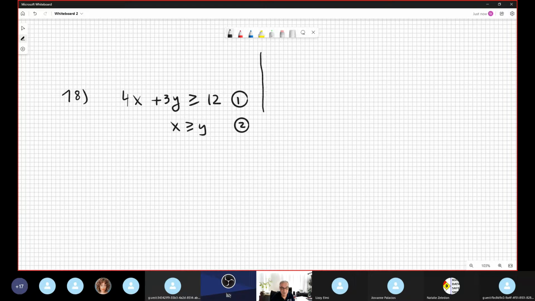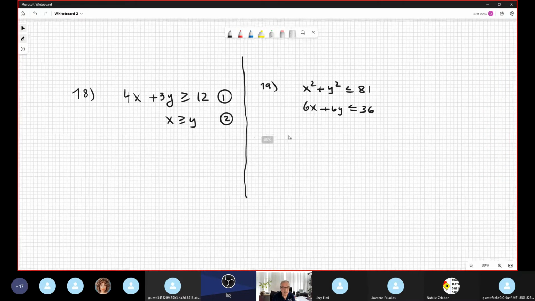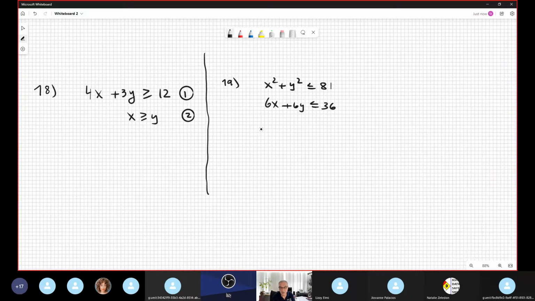This is 18. 19 is x squared plus y squared less than or equal to 81. 6x plus 6y less than or equal to 36. I can predict a little bit the solution. And we confirm it, the solution and the decimal, no?